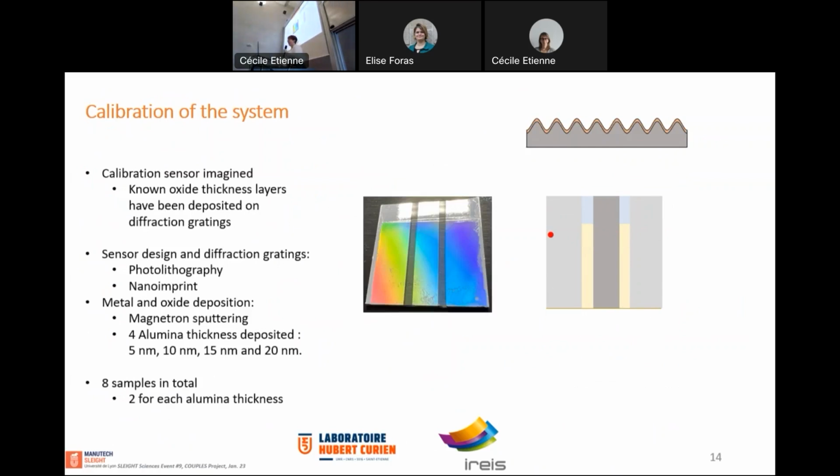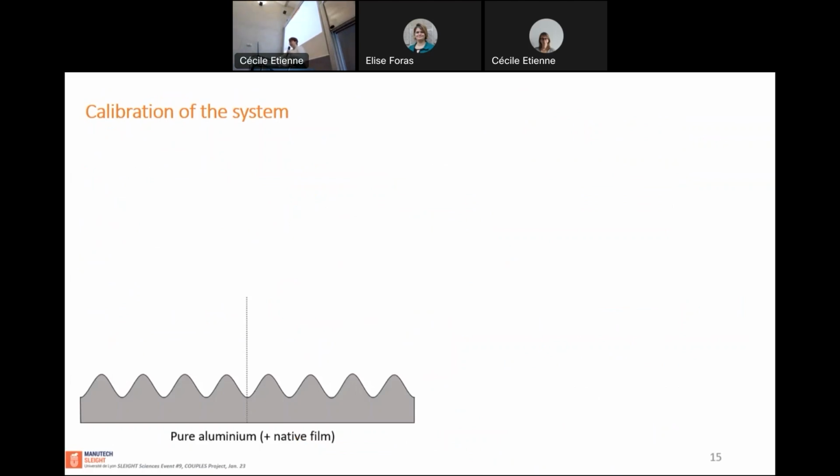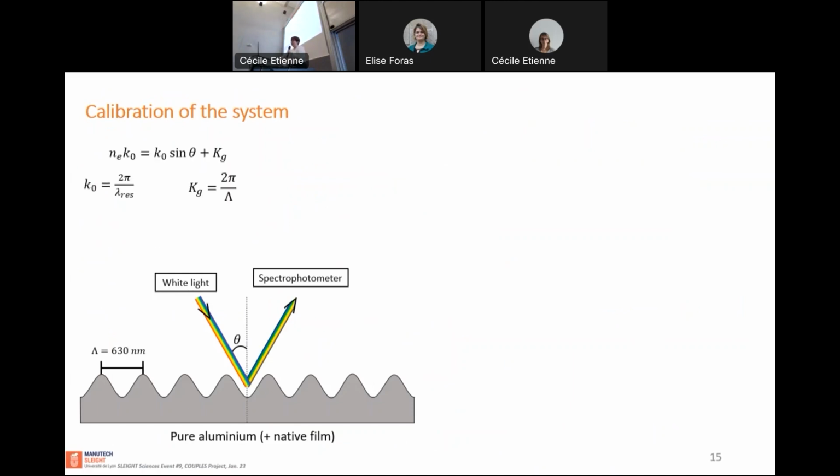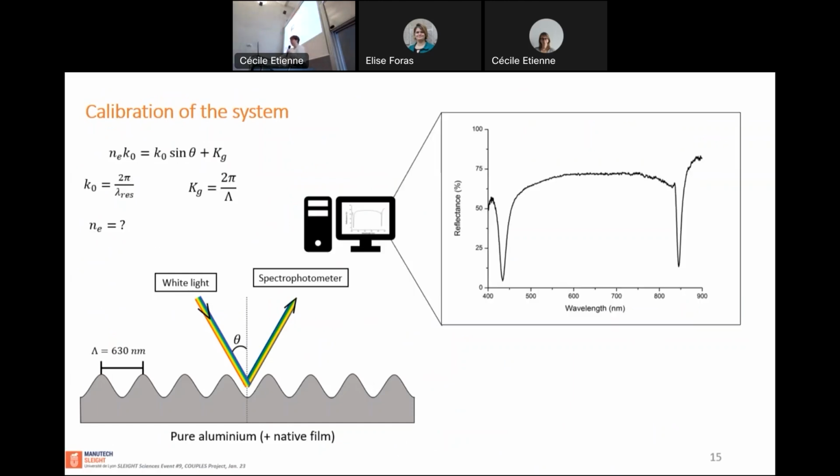Well, so for the measurements, we do have a white light. We are in the air. We have a white light that is incident with a certain angle on our diffraction grating. And with the spectrophotometer, we observe the spectrums. So the grating has a certain period of 630 nanometers.